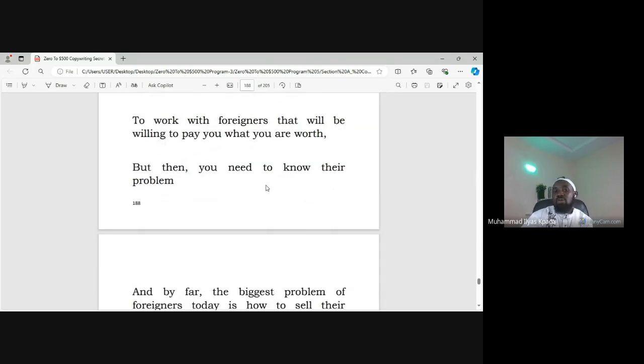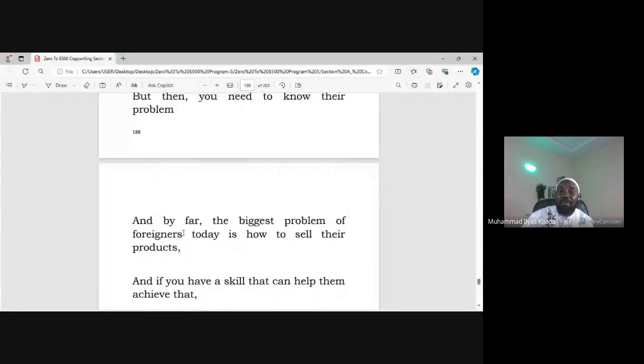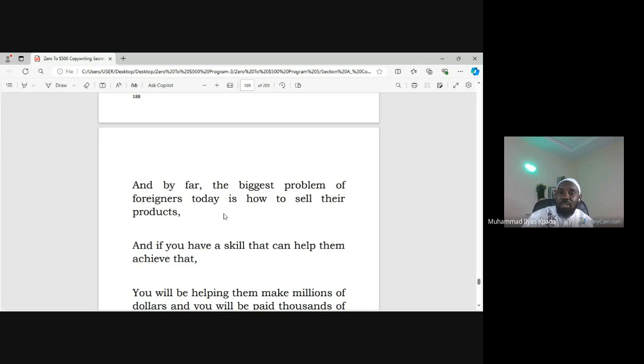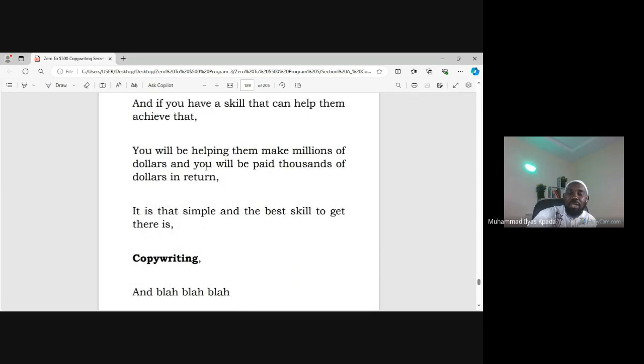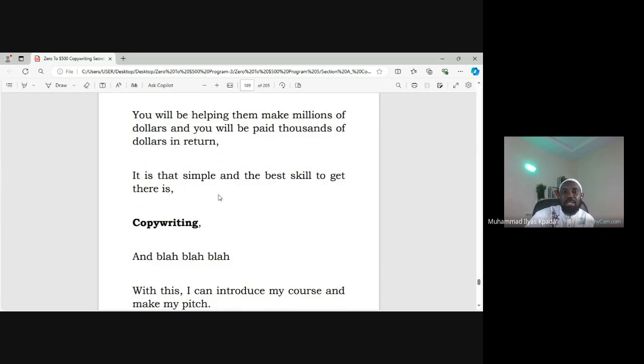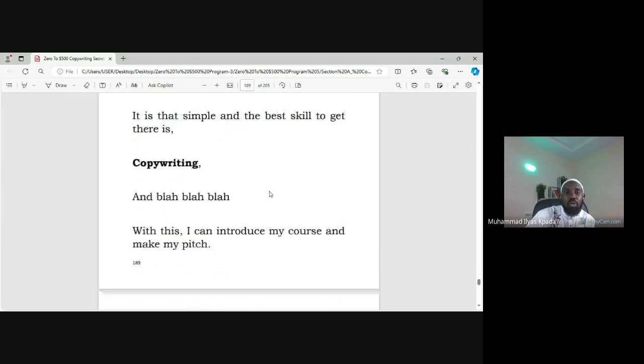But then you need to know their problem. And by far, the biggest problem foreigners have today is to sell their product. And if you have a skill that can help them achieve that, you will be helping them make millions of dollars and they will pay you thousands of dollars in return. It is that simple. And the best skill to know is copywriting."